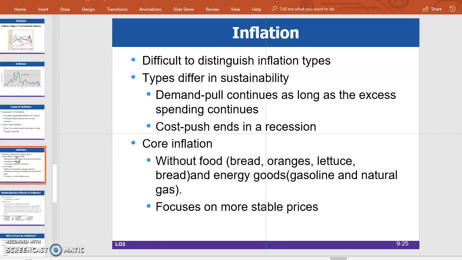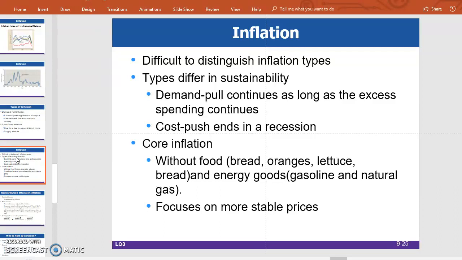Now, it is difficult to distinguish between the types of inflation, demand pull and cost push. One difference is sustainability. When does inflation end? Demand pull inflation will end when demand drops back to the normal level, or when the government cuts down the money supply.